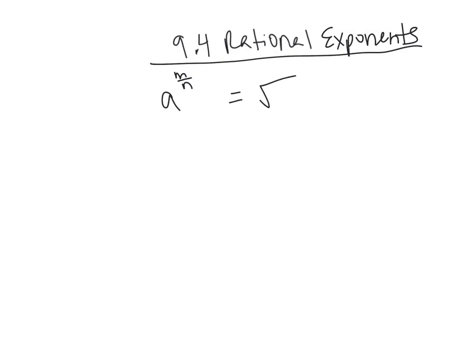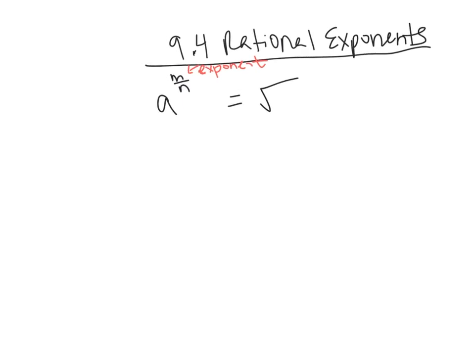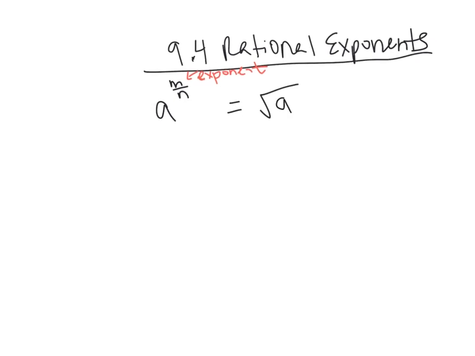Well, how do I know what the numerator and the denominator of my exponent are in regards to my root? Well, the numerator is always the exponent part. So another way of writing this would be root of a raised to the mth, and the denominator is actually going to be the root part.